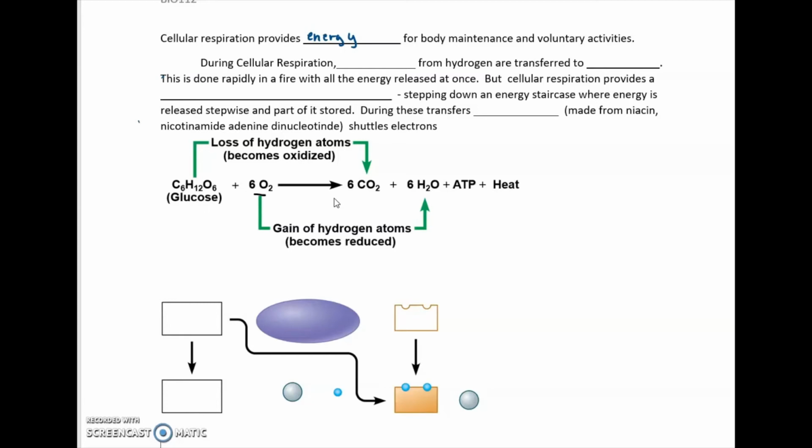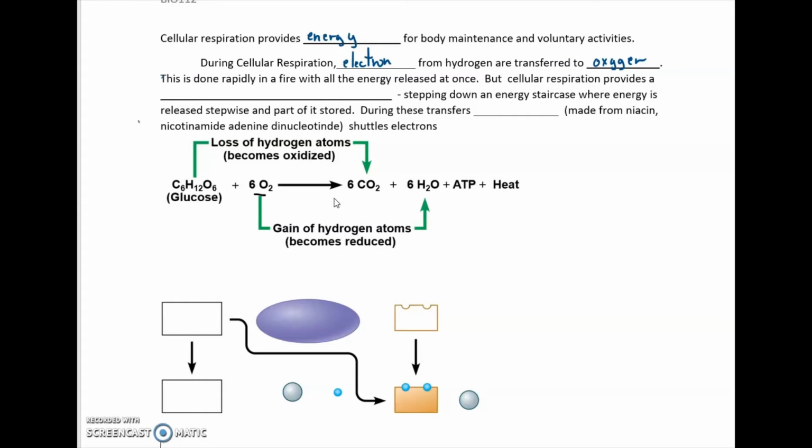During cellular respiration, electrons from hydrogen are going to be transferred to oxygen. This is the same reaction that occurs in a fire, with all the energy in a fire being released at once, making heat and light.